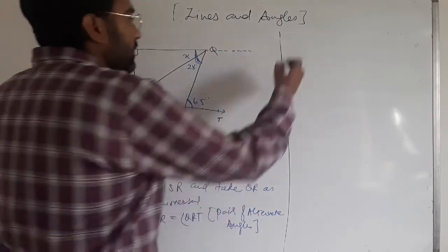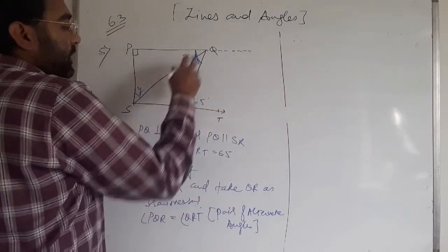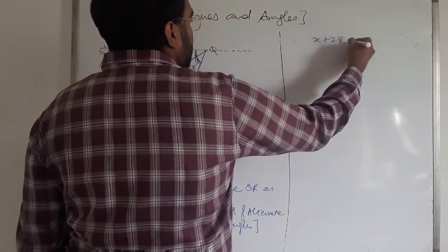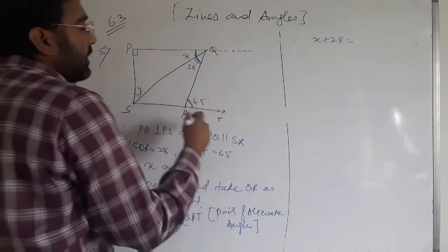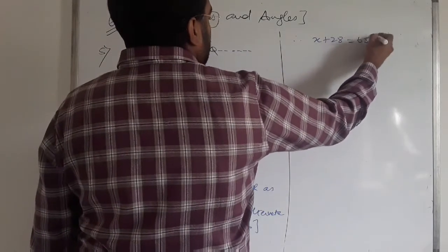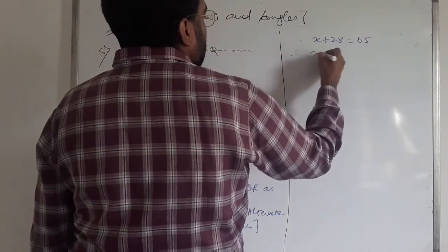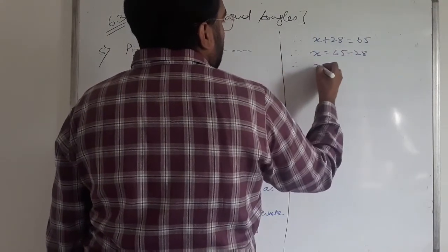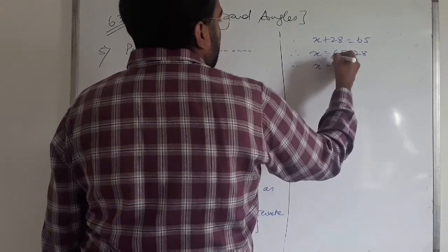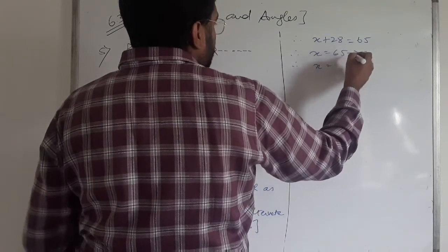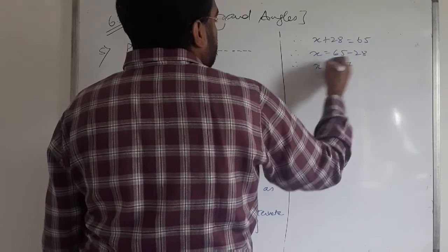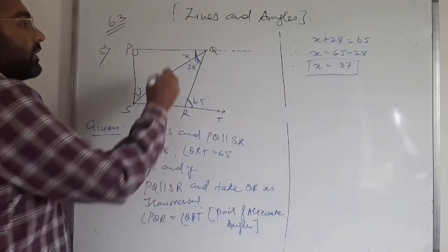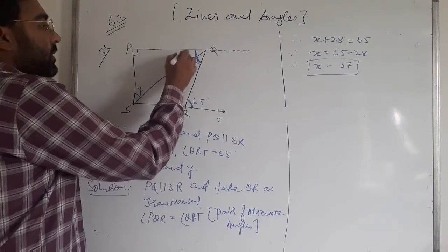Therefore angle PQR, which is angle X plus 28 degrees, is equal to QRT, that is 65. So the value of X is 65 minus 28, that is 37 degrees. Therefore the value of X is 37 degrees.